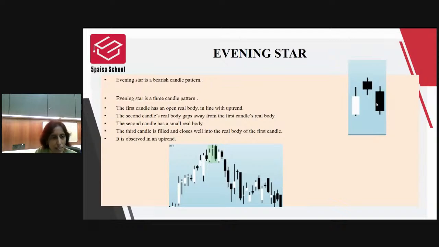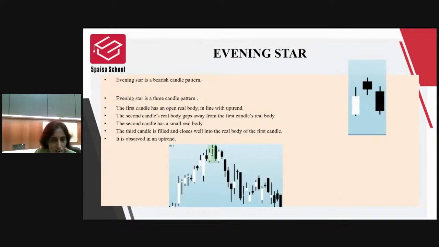After that, the third candle is filled, black in color, and closes well into the real body of the first candle. That is what you see over here. This third candle is of course bearish, and it closes well into the real body of the first candle.